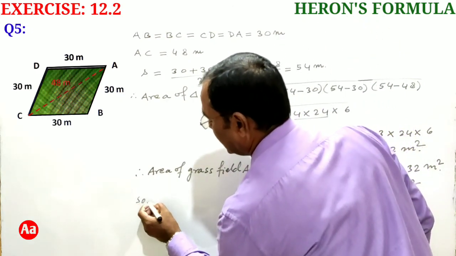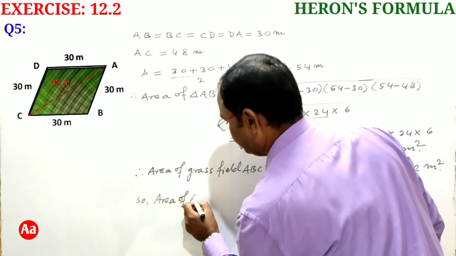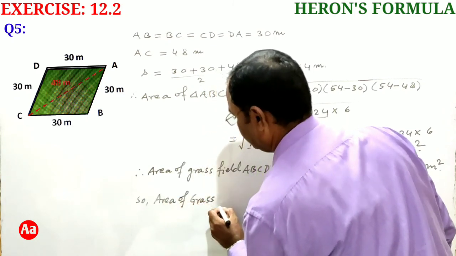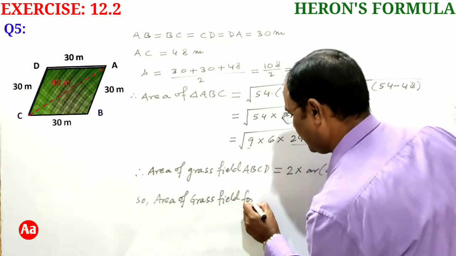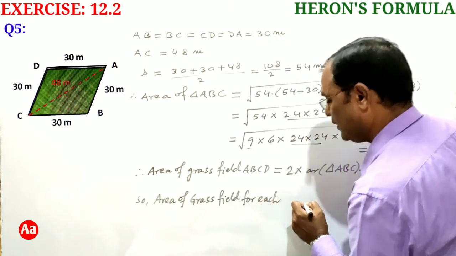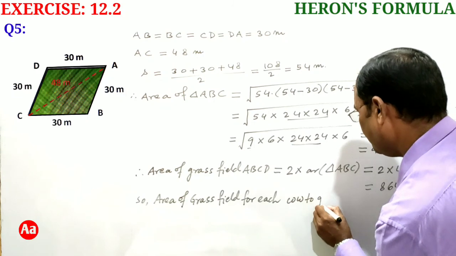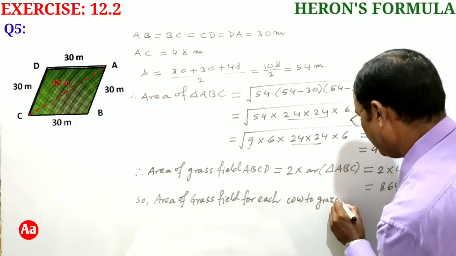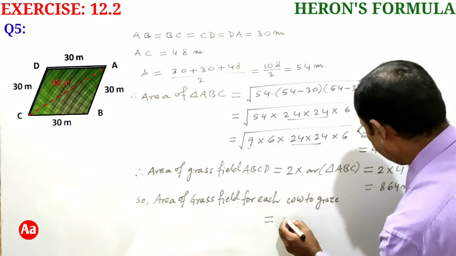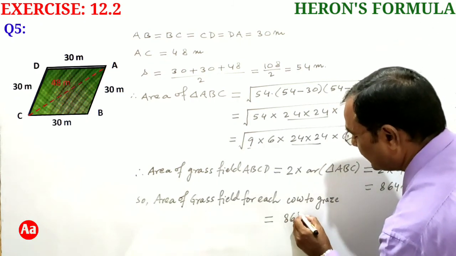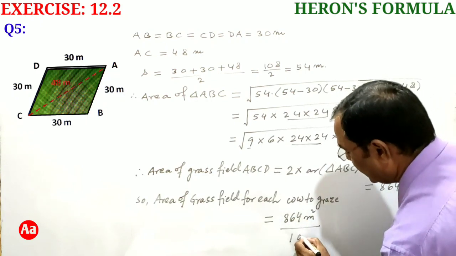So the area of grass field for each cow to graze is equal to the area of the grass field, 864 meter square, divided by 18.